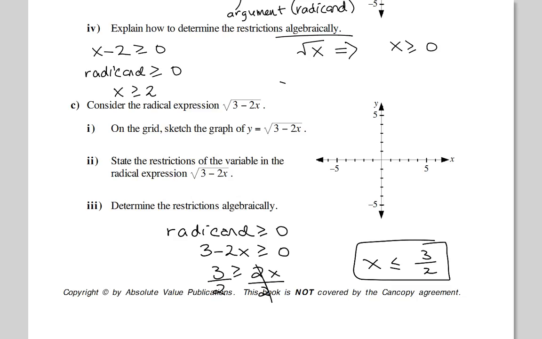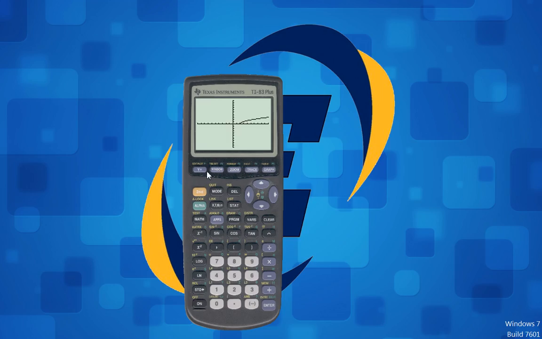So go to your graphing calculator and double check. 3 minus 2x is the new argument. Graph that. And there you go.